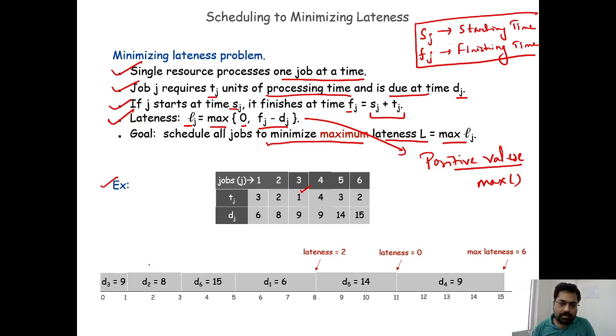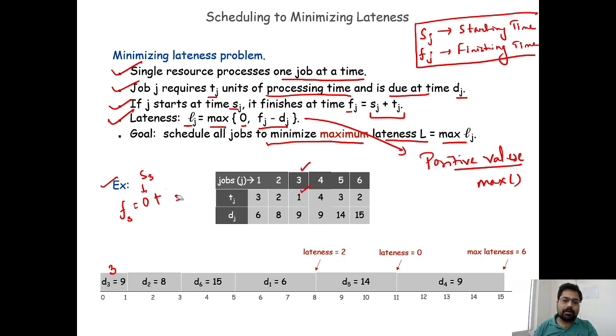So in this format, the third job could be selected first, for which we know the starting time. The first job always starts from 0, and the finishing time, as we discussed, F of 3 is S of 3, which is 0, plus T of 3.